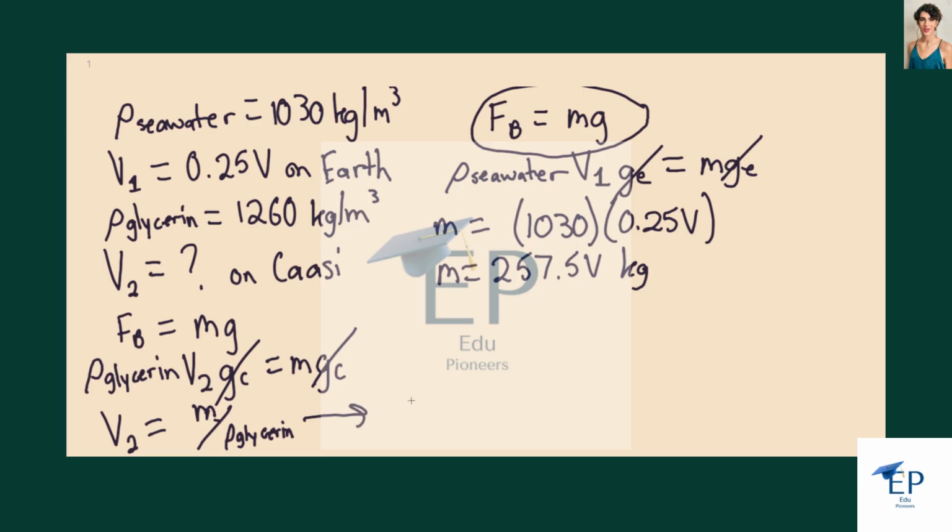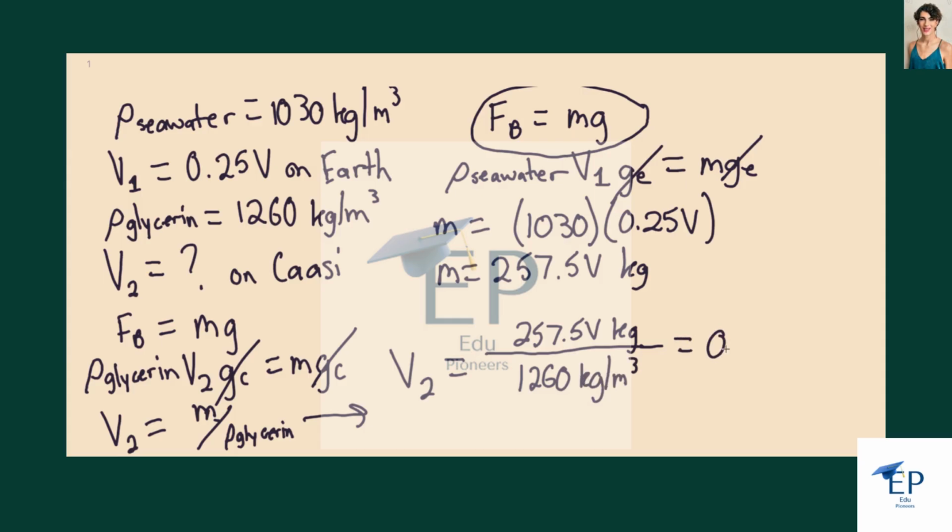At this point, we can see that we simply need to substitute for our values. 257.5 V kilograms divided by the density of glycerine being 1,260 kilograms per meter cubed.